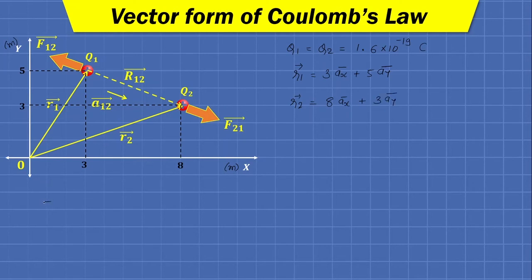Now the force F21 bar is nothing but k into q1 into q2 divided by distance square into the particular direction, that is joining these two charges. So for this we need to find the distance vector. So the distance vector r12 bar can be calculated as r2 bar minus r1 bar.